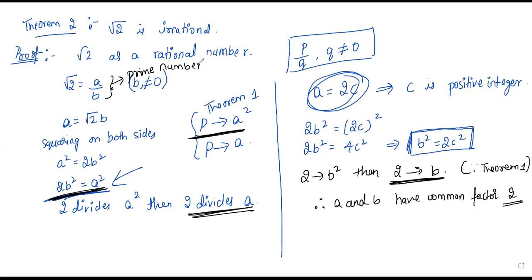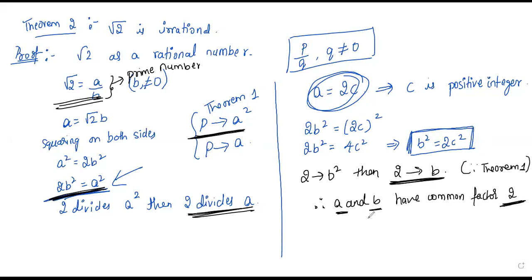For a prime number, the factors should be the number itself and 1. We cannot have any other number as its factors, isn't it? But here, for A and B, the common factor is 2. Isn't it contrary to the statement which we have assumed here? Yes or no?